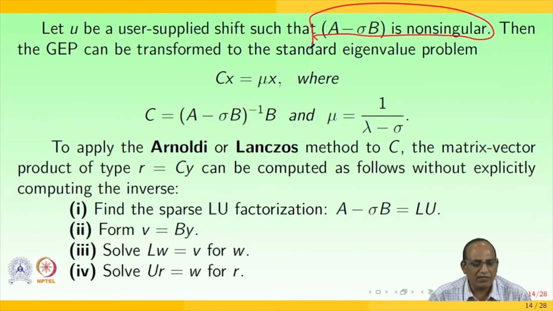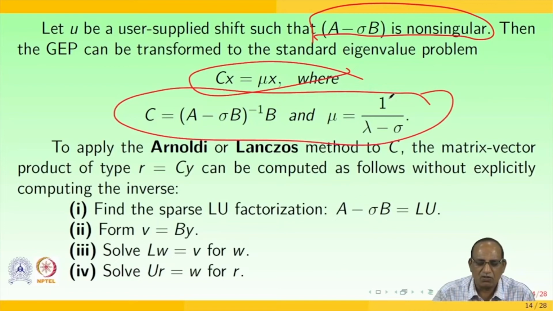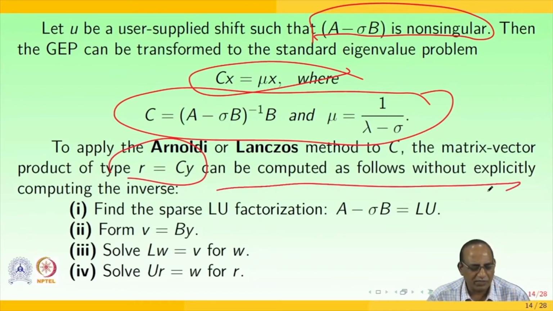Then it can be transformed to the standard eigenvalue problem, that is Cx equal to mu x, where C is equal to (A minus sigma B) inverse times B and mu is equal to 1 by (lambda minus sigma). To apply the Arnoldi or Lanczos method to C, the matrix vector product r equal to Cy can be computed as follows without explicitly computing the inverse.